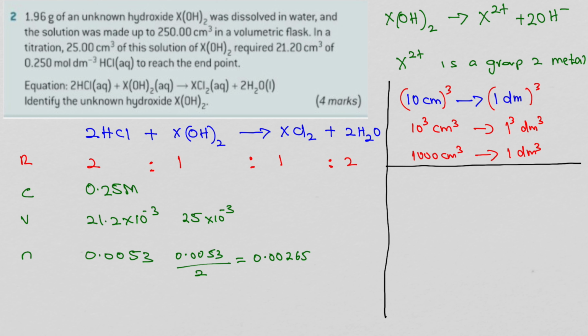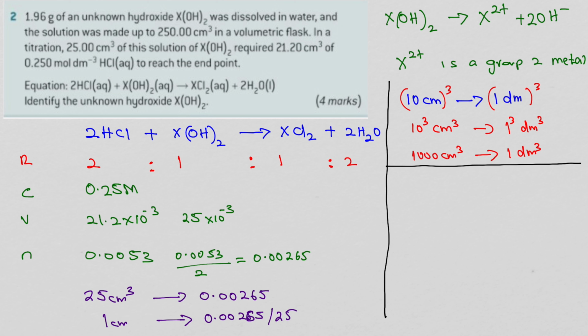So what we need to do now is to say, well, 25 centimeter cube gives basically the mole we got here, which is 0.00265 moles. So I divide by 25 to get 1 centimeter cube, which gives 0.00265 divided by 25.